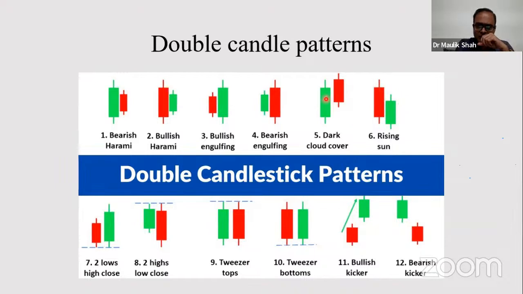These all are the other patterns, okay, where the close is just below the half of the candle, and these are the other names. I think these all are the patterns which you can remember, but don't go very much into it. Focus on these two, at least these two patterns are enough.